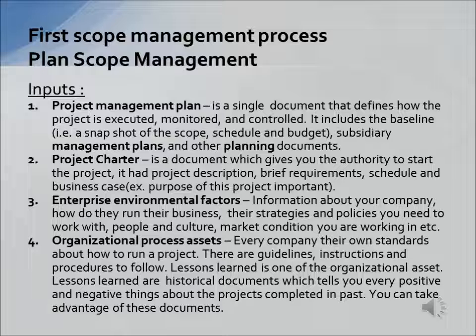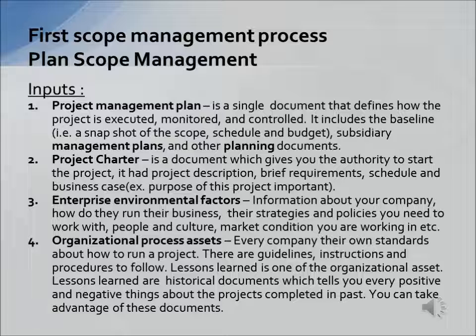It is a single document that defines how the project is executed, monitored, and controlled. It includes the baseline, subsidiary management plans, and other planning documents. Project baseline is nothing but a snapshot of project scope, schedule, and budget.